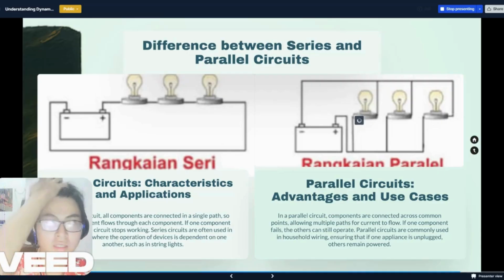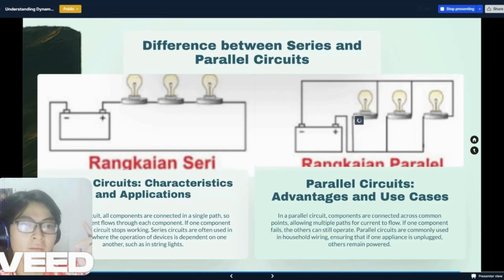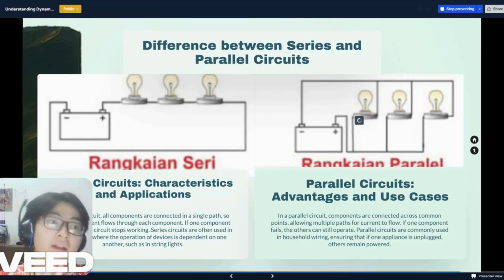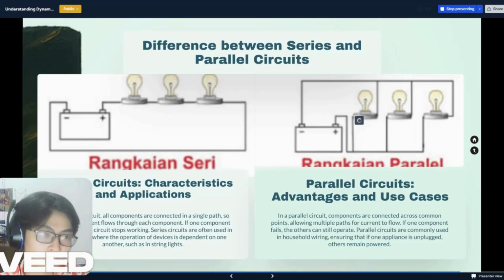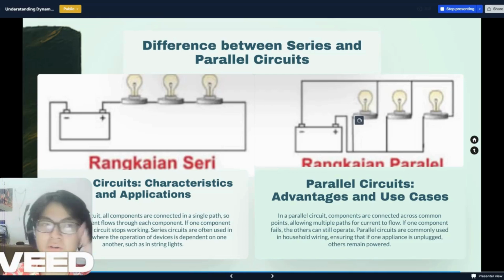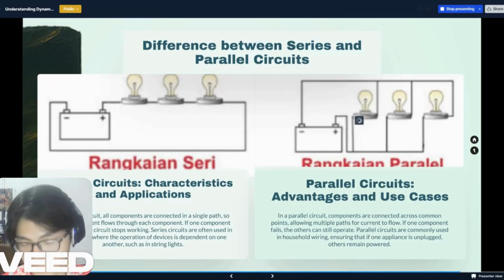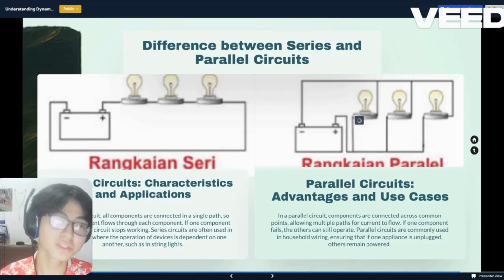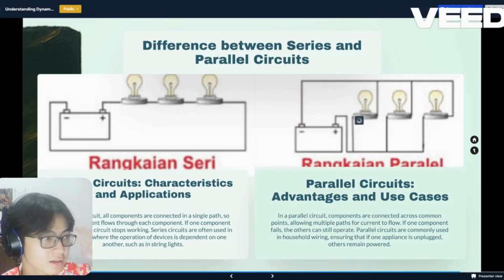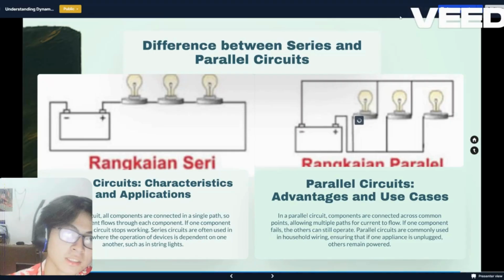It's used very frequently in the lights in your house. Well, not all of it, just one room, where turning on one switch will turn on all the lights.